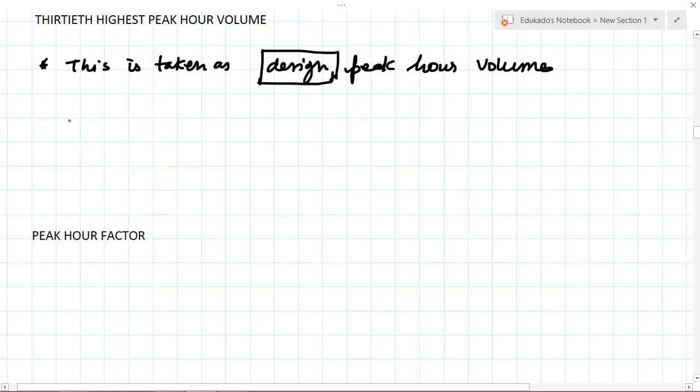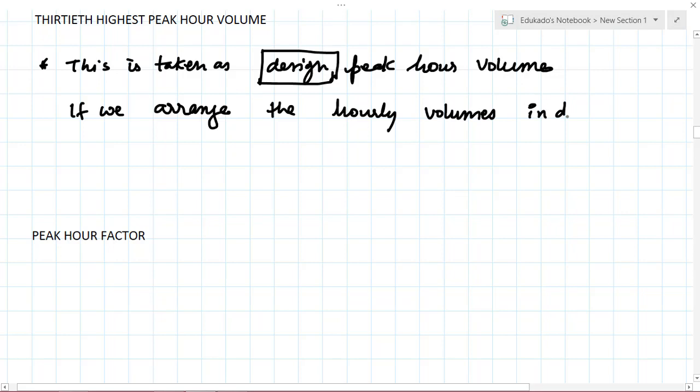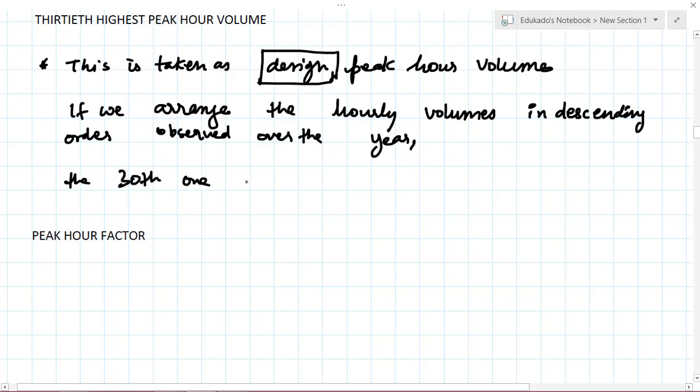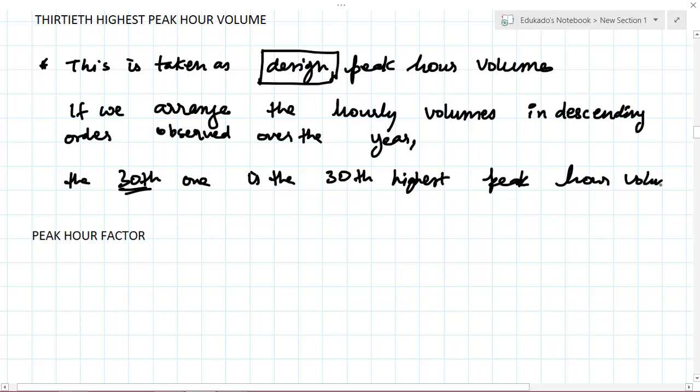Let's dig into it. If we arrange the hourly volumes in descending order observed over the year, then the 30th one, in counting wise, is the 30th highest peak volume.